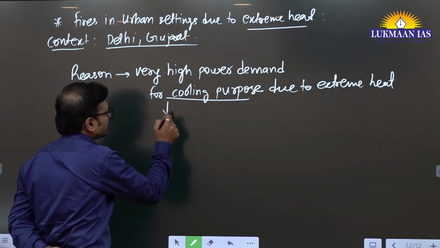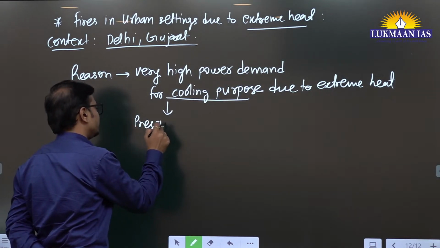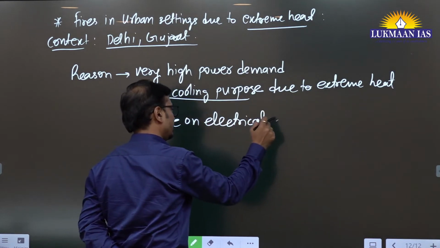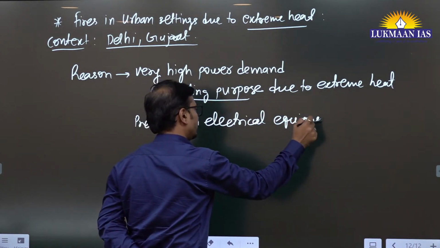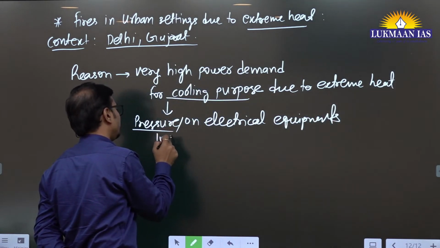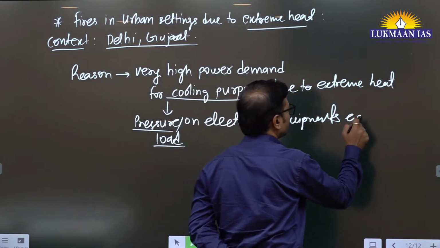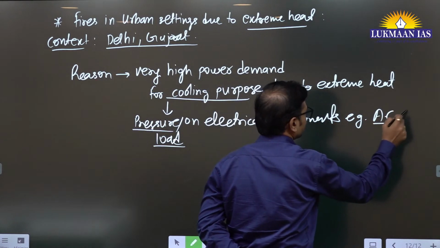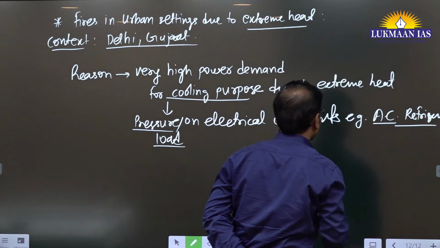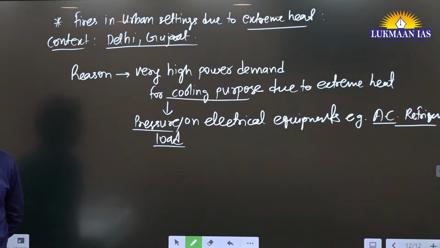Now, because of this demand, there is excess pressure on electrical equipments. ठीक है, excess pressure or load, the right word is load, on electrical equipments like air conditioners, refrigerators, and all these things, transformers, right.